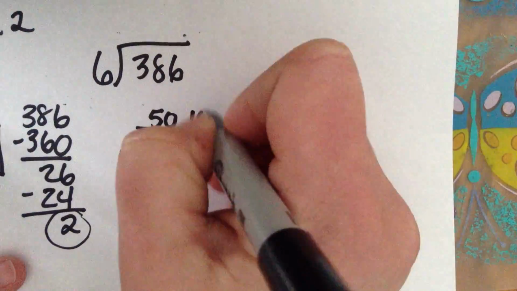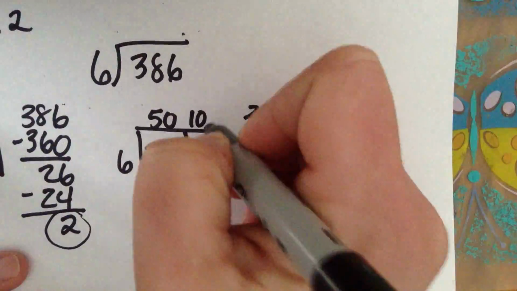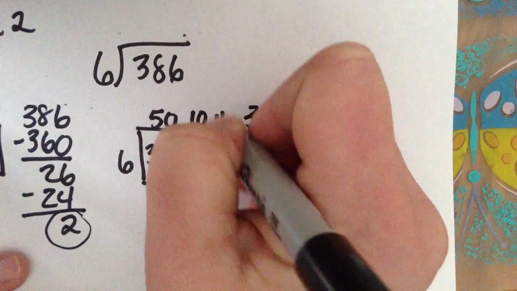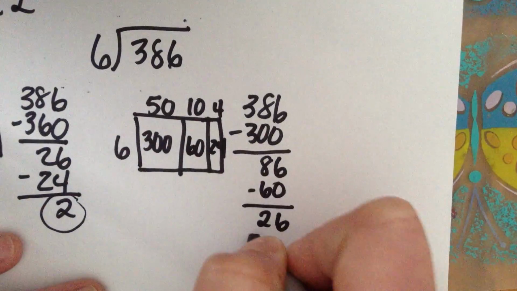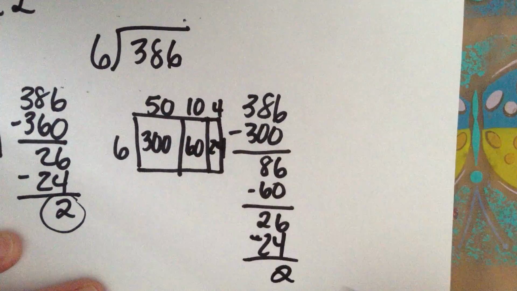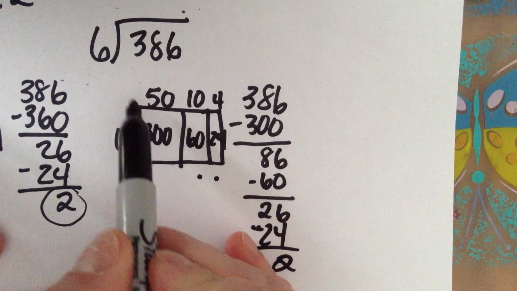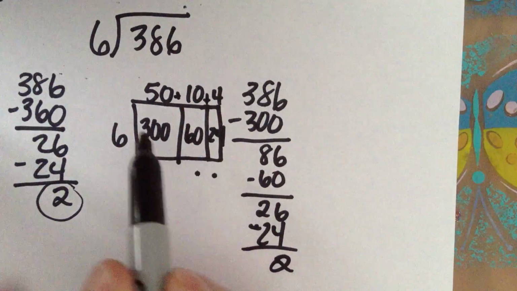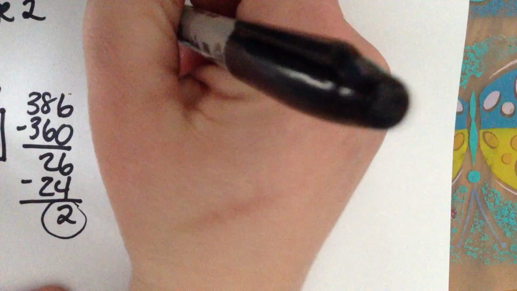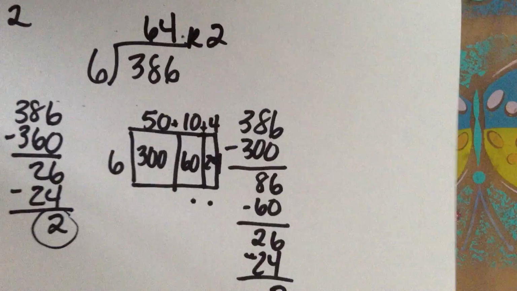Well, they know that 6 times 10 is 60 with 26 remaining. So they know they can do another 4, here's your 60, here's your 24, and that leaves you with 2 remaining again. So again, in parts, you found that 50 plus 10 plus 4, those partial quotients, equals 64 with a remainder of 2.